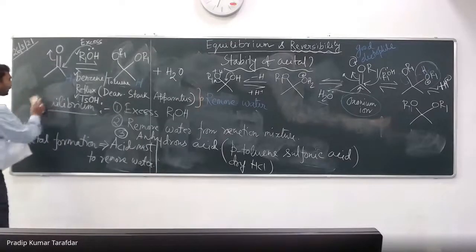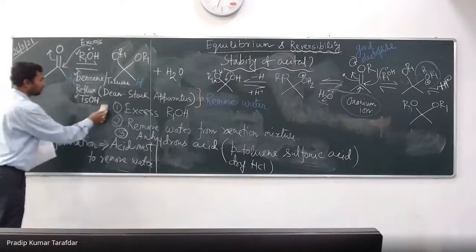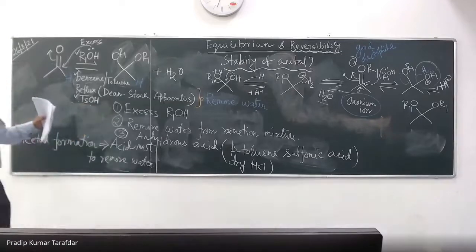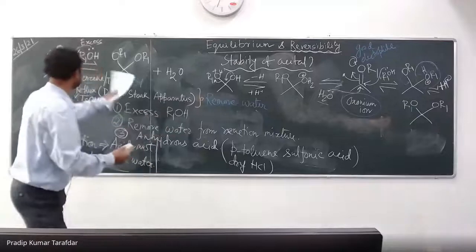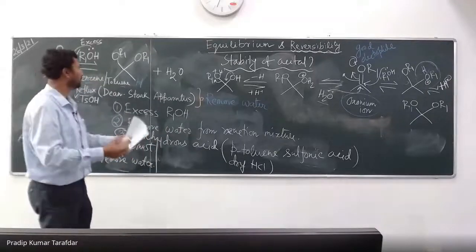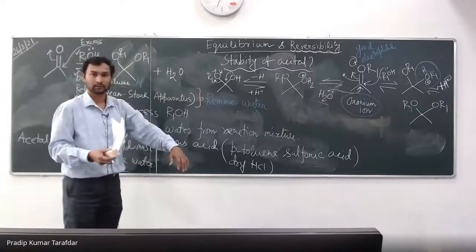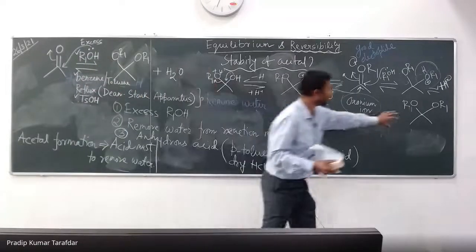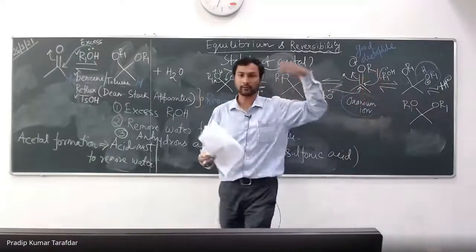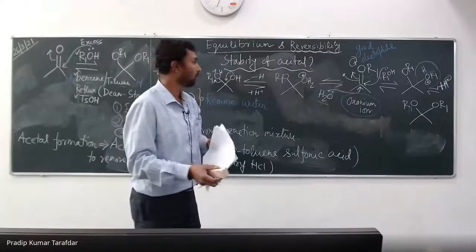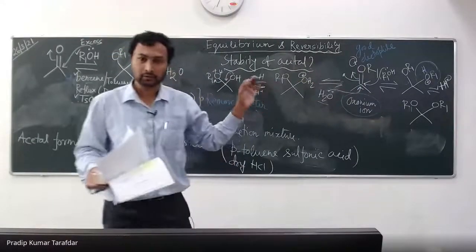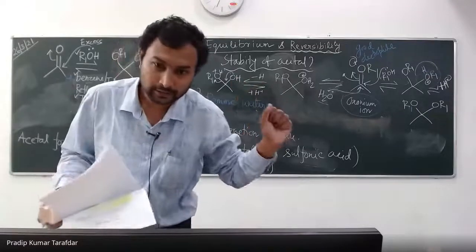So what we learned today is how to drive an equilibrium. Suppose an equilibrium is on this side, how do you drive it? You remove that. We also learned that if you have this, how to destroy it: you add water and acid, and you can come back to the previous one. So will acetals be stable in basic medium?